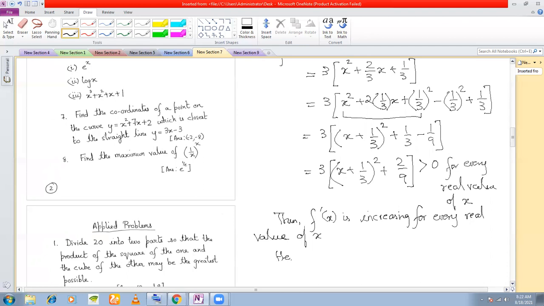Hence, fx is increasing and has no maxima or minima. Okay. We proceed to the next problem then.